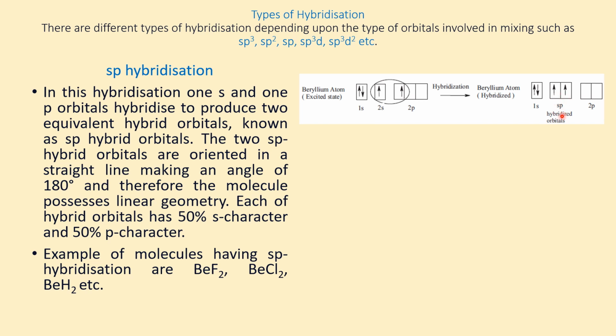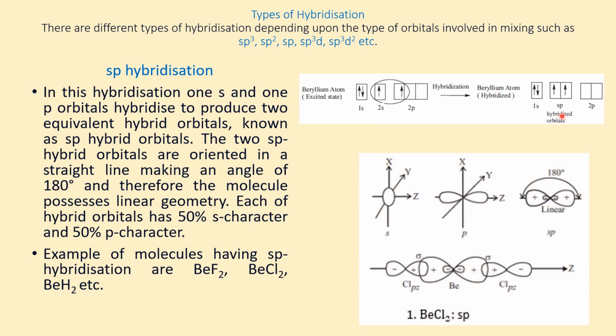So two sp hybrid orbitals are oriented in opposite direction, forming an angle of 180 degrees. Each of these sp hybridized orbitals overlaps with the 2p orbitals of chlorine axially and forms two Be-Cl sigma bonds.